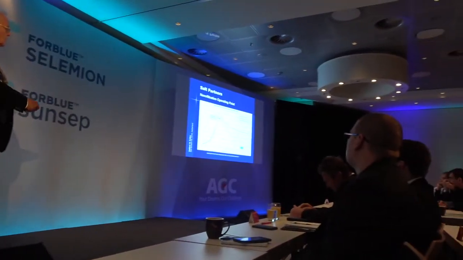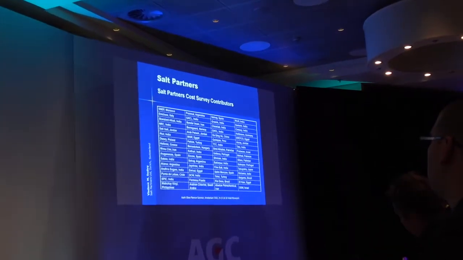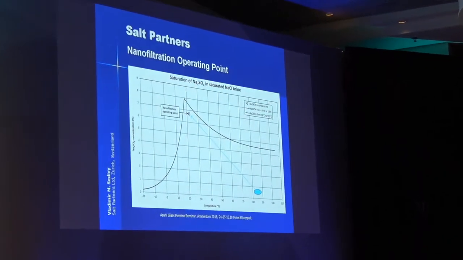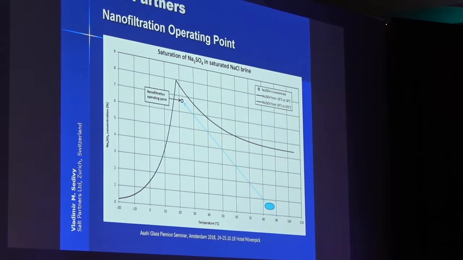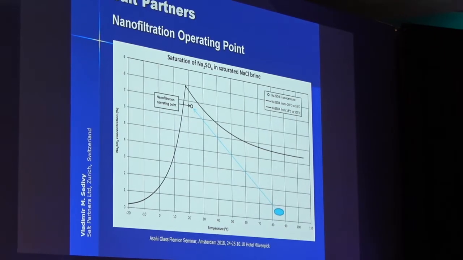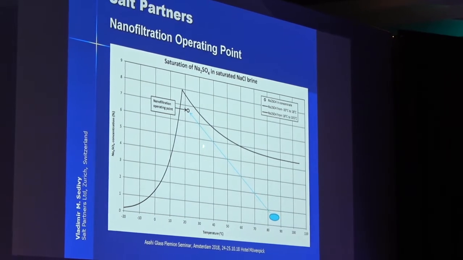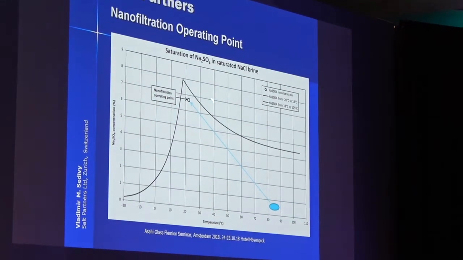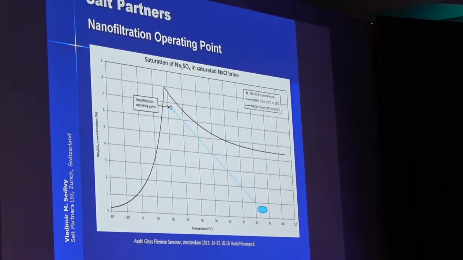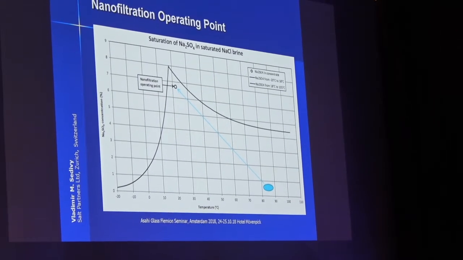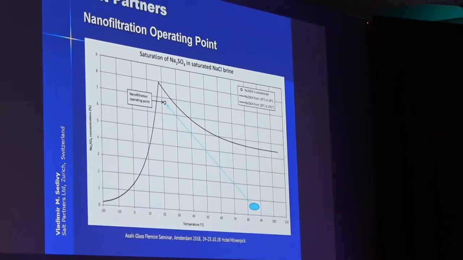The normal concentration of sulfate, somewhere around 4, 5, 6 grams per liter, has to be concentrated in the nanofiltration, and that it takes place somewhere here at a temperature of about 20 degrees centigrade. You can get a high concentration of sodium sulfate, and this is then discharged as purge from the nanofiltration plant.